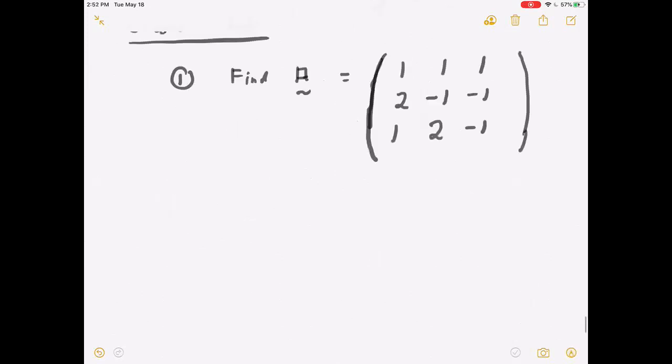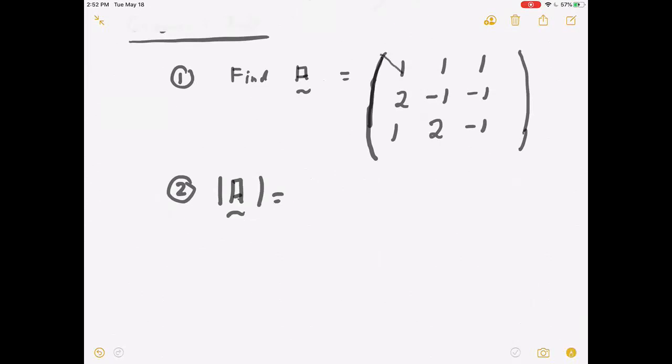The next thing we're going to have to do to use Cramer's rule is find the determinant of A. Okay, so we know how to do that, but we need to be careful because there are a lot of terms, a lot of minus signs. So we're going to get 6 terms.